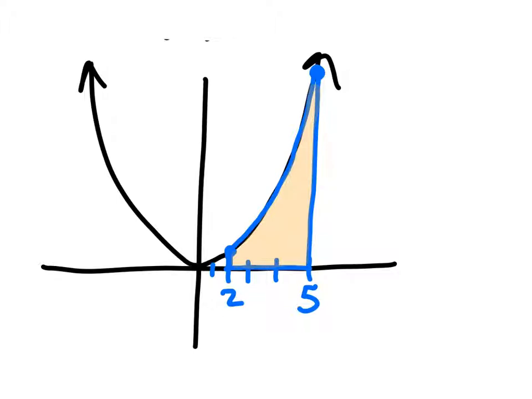So let's suppose that I were to take this shape and divide it into 3 evenly spaced parts. All right, so since the total width here is 3 units, I'm going to cut it here at 3, at 4, and then of course at 5. All right, is the end.